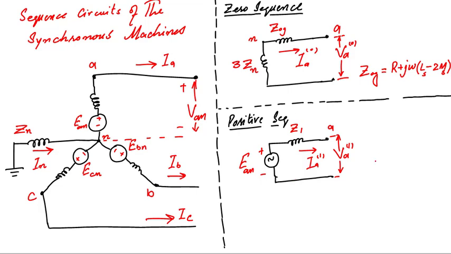So the Z1 positive sequence impedance for the generator is given as R plus j omega (Ls plus Ms). Ls is self inductance, Ms is mutual inductance, and sum of self and mutual inductance is known as synchronous inductance. So when multiplied with j omega will become synchronous reactance of the generator.